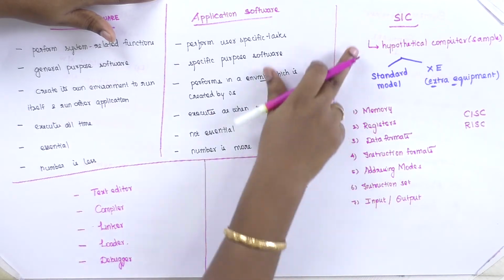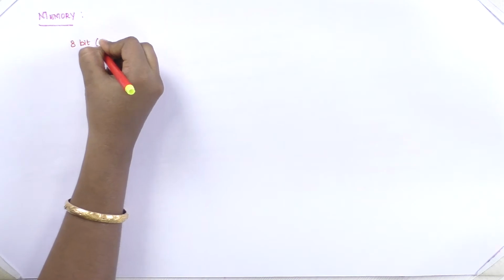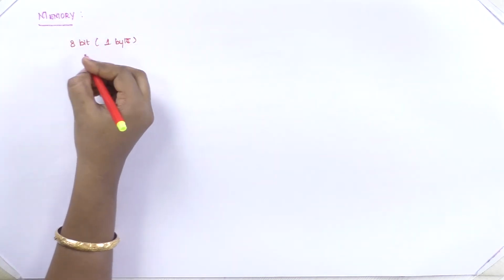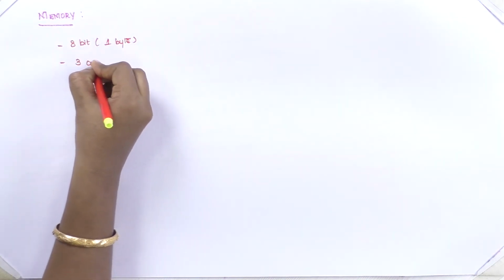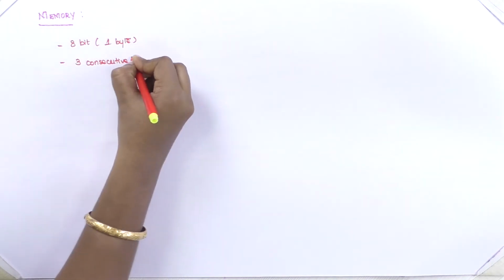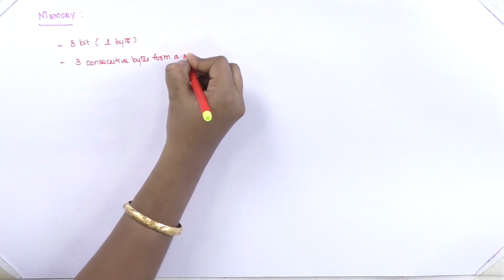So first, memory in SIC. The memory in SIC is made of 8-bit bytes. 8-bit bytes means it is 1 byte. All 3 consecutive bytes form a word.